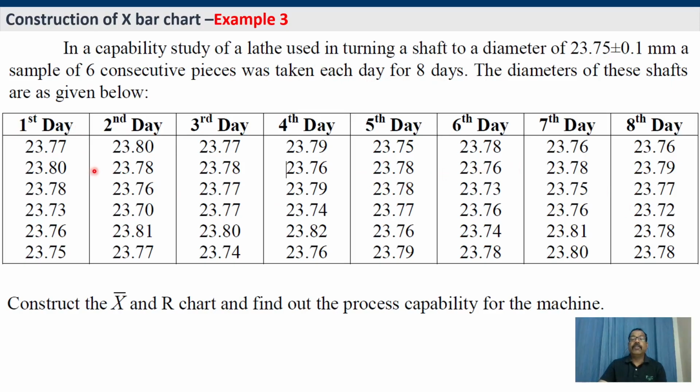Not every hour; every day, one time we are taking a sample of 6 pieces, and they measure the dimensions using a measuring instrument, and the values are tabulated here. The diameters of these shafts are given below: first day, second day, third, fourth, up to the eighth day data.